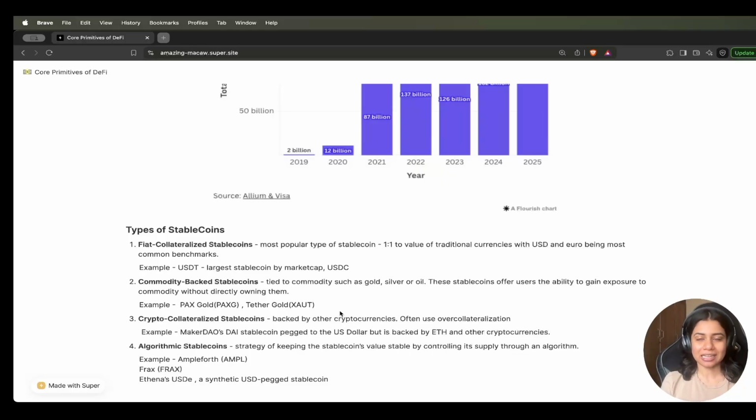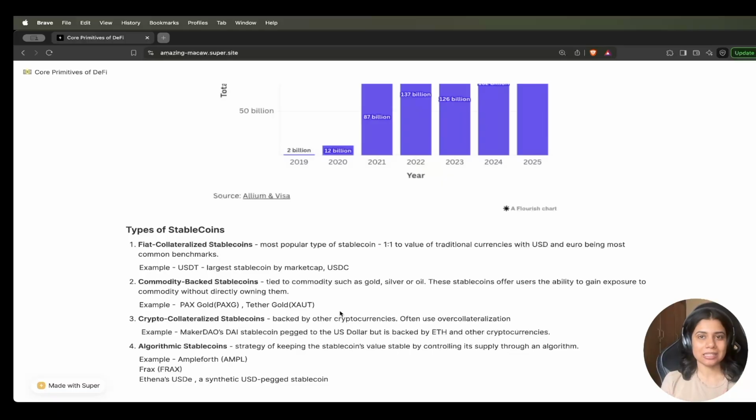The fourth and last type is the algorithmic stablecoin, which is not backed by any asset as such, but uses a strategy of keeping the stablecoin's value stable by controlling its supply through an algorithm. Some examples are Ampleforth's AMPL token, the Frax token, and Ethena's USDe token.